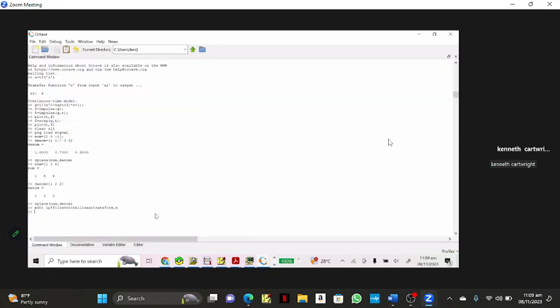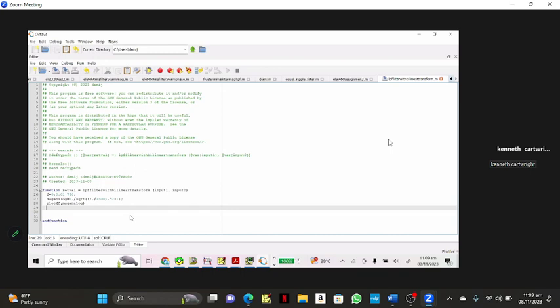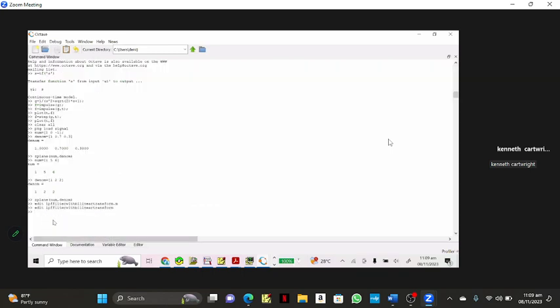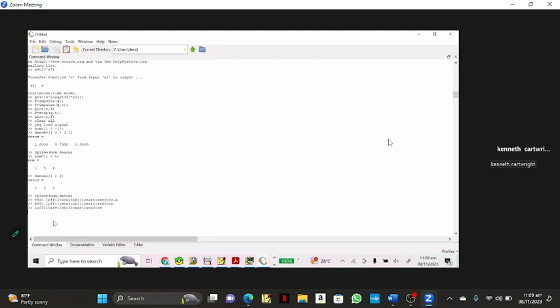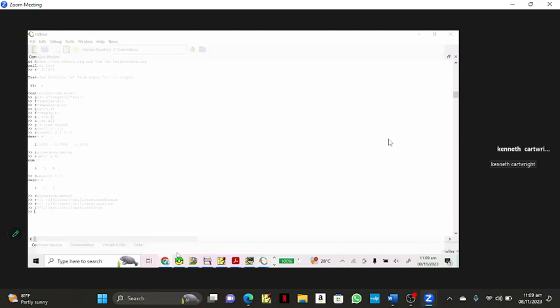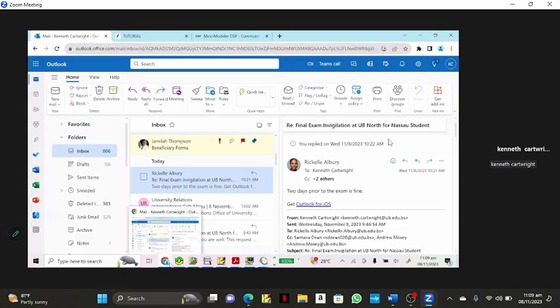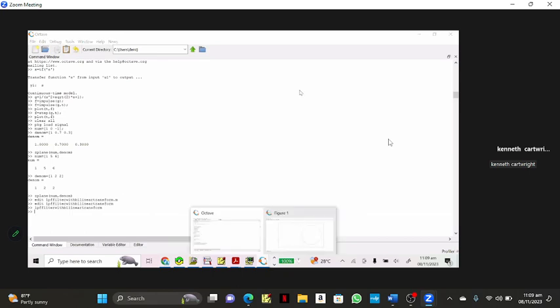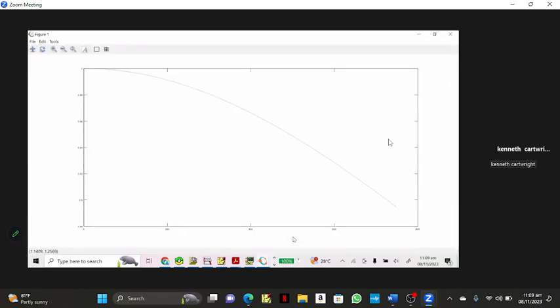And then get rid of the M. Edit. And then we open it. And there it is. That's the magnitude response.